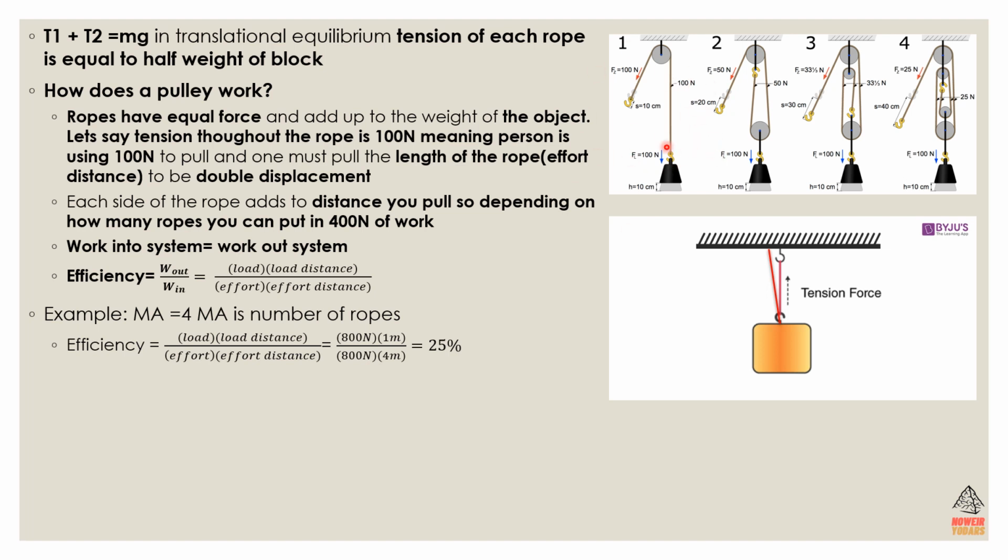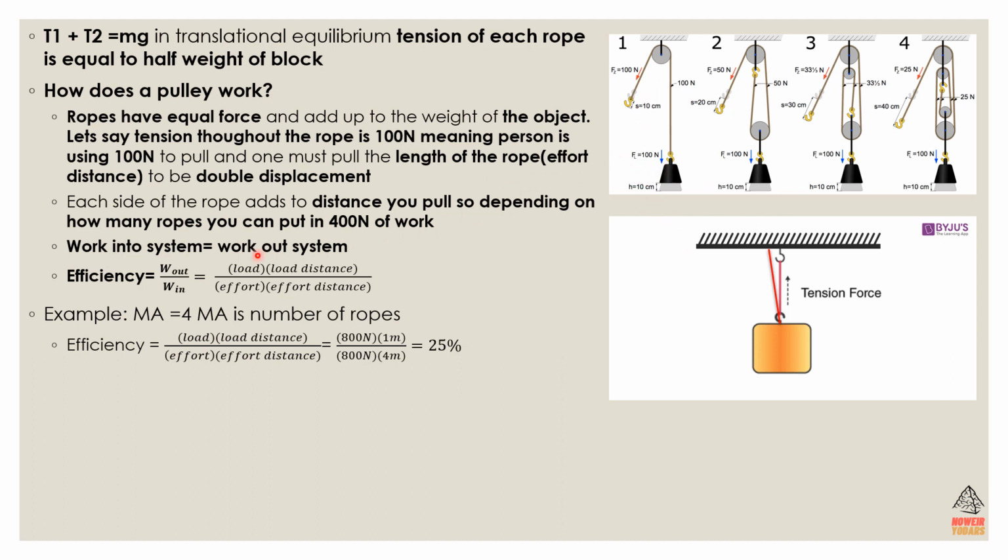Here, for instance, in example 1, there is only one rope that you need to pull, so you're basically using a similar force in order to lift, for instance, the box.